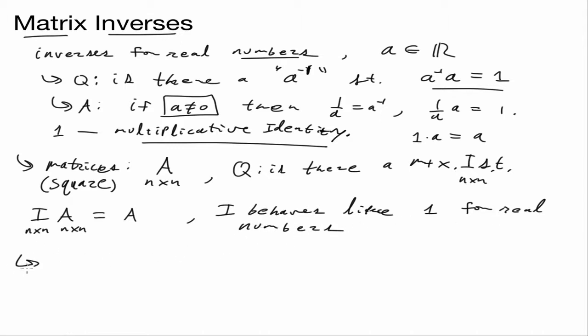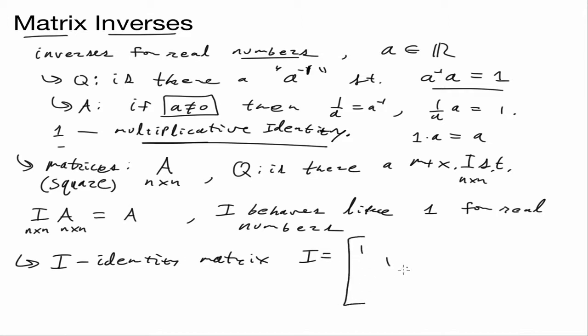So it turns out I is a special name. I is called the identity matrix. Okay, just like we have 1 as the multiplicative identity, this I is the multiplicative identity for n by n matrices. And it has a special form. It has 1s down the diagonal, and here's that for 5 by 5. Oops, I need to draw my lines a little clearer.